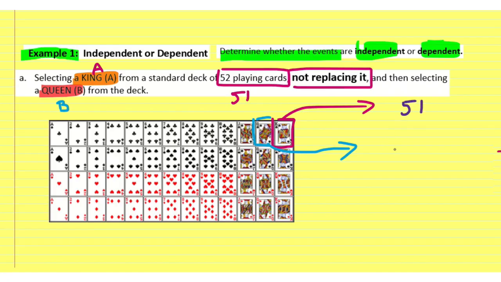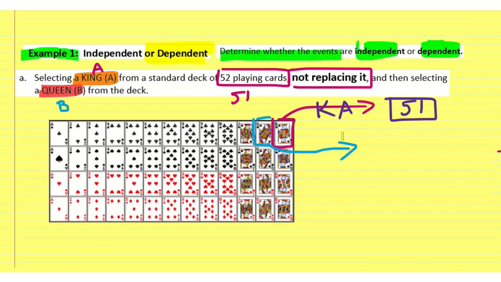So it changed. Pulling the king out, which was event A, changed the total number of cards to 51. So that affects the total number of cards that I'm choosing from when I take my queen out of the deck. So that means that my event is going to be dependent.